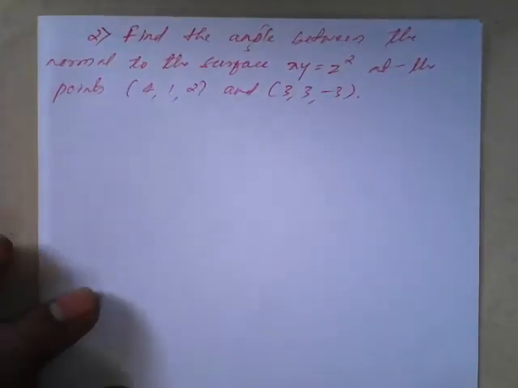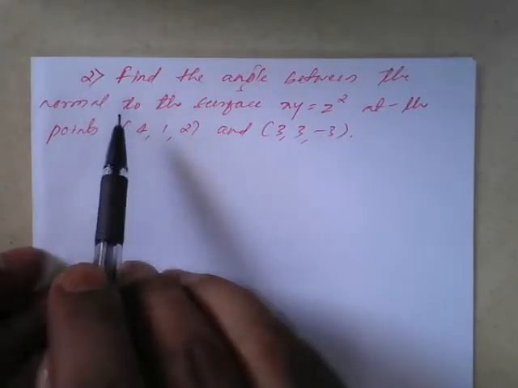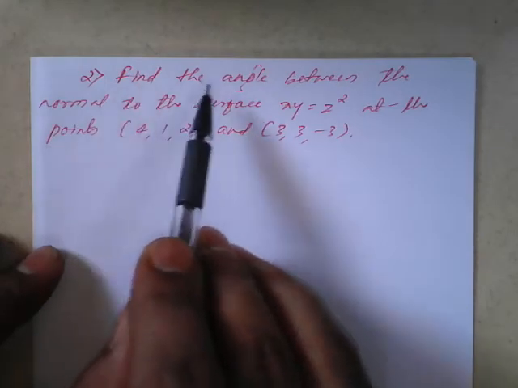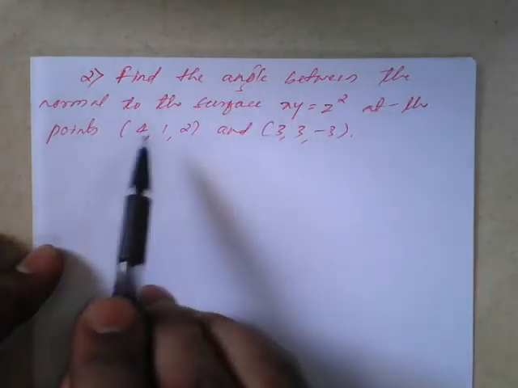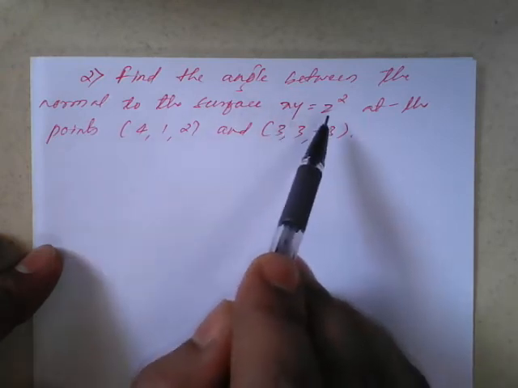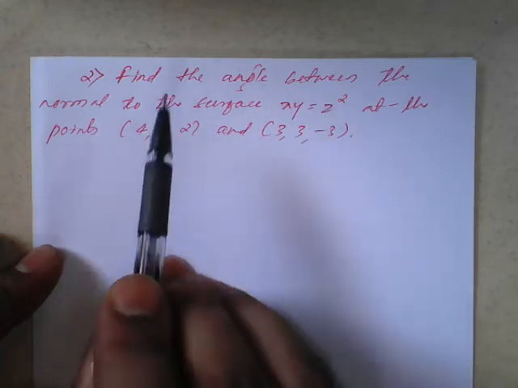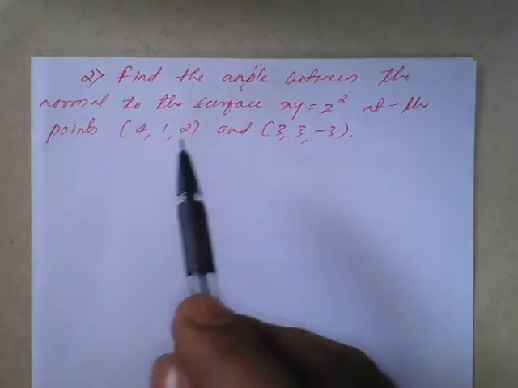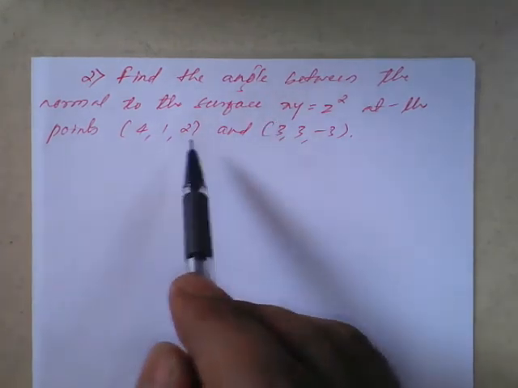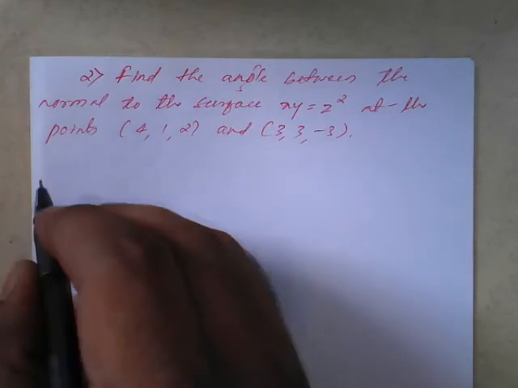Next example. So the next example I have taken: find the angle between the normals to the surface at the points, 2 points, one surface 2 points or two surfaces 1 point. The previous example is two surfaces 1 point, or you may get one surface 2 points. The procedure is the same.